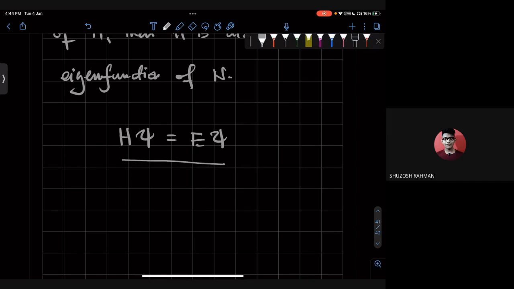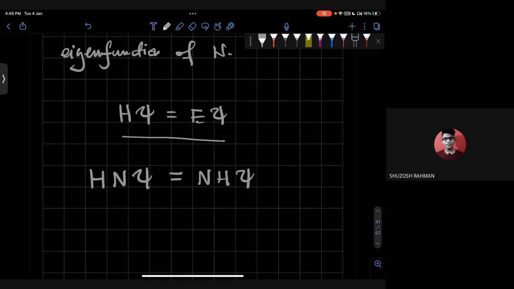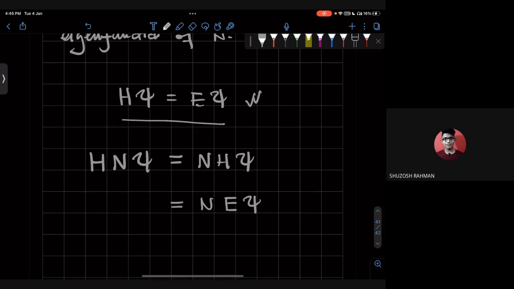yeah, so if you have N of psi, and you apply to it H, so H of N of psi is going to be N of H of psi, right? By definition, because they commute. And then this is going to give me N of E of psi by using this equation, and then I'm going to get E of N of psi, right?